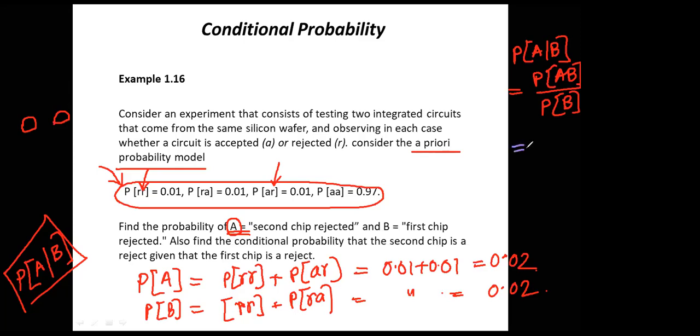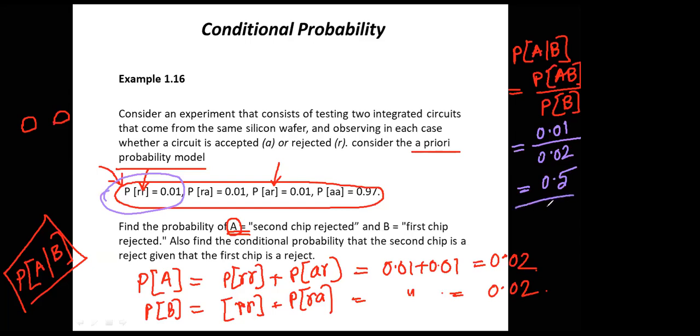So that will be equal to what? What is probability of AB? It will be probability of RR. Probability of AB means both first one and second one rejected, and that is this probability of RR. So that will be 0.01. And probability of B we already know is 0.02, and that will be 0.5.